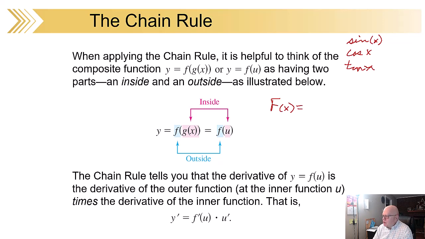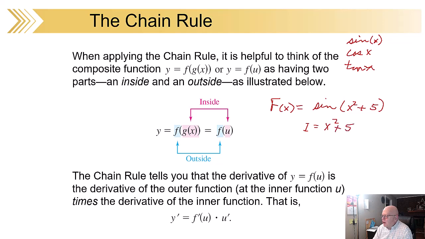So let's suppose capital F of x looks like this. And we'll make this, okay, let's say the sine of x squared plus 5. How about that? Now, the inside function is x squared plus 5.